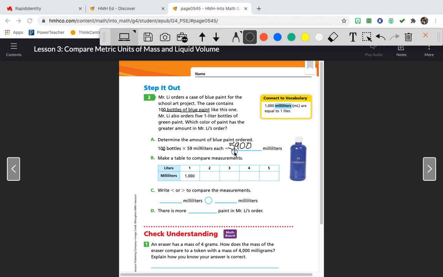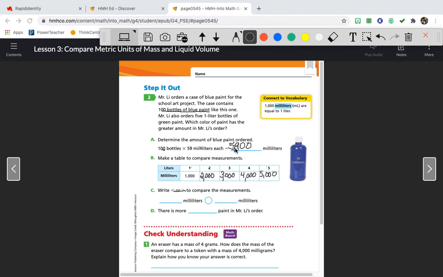B, make a table to compare your measurements. So here we have 1 liter equals 1,000 milliliters. So 2 liters would be 2,000 milliliters. 3 would be 3,000. 4, 4,000. 5 liters would be 5,000 milliliters. Write less than or greater than to compare the measurements.